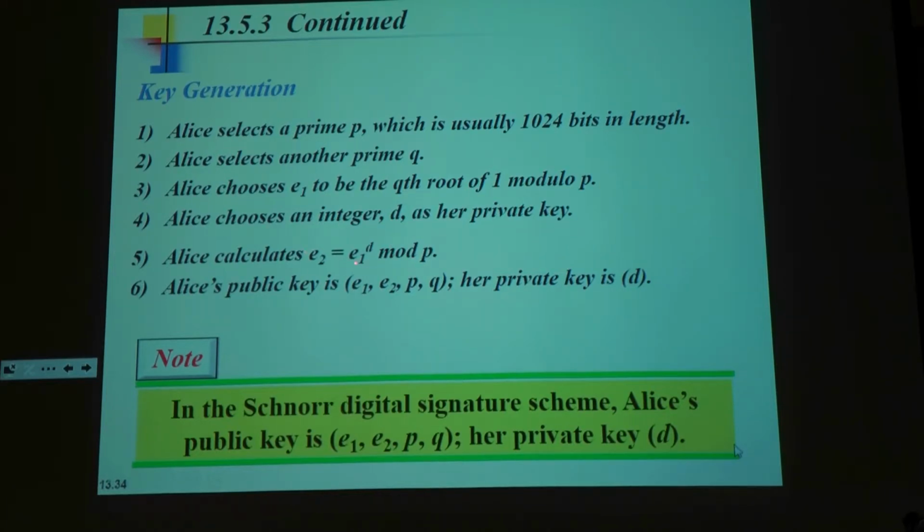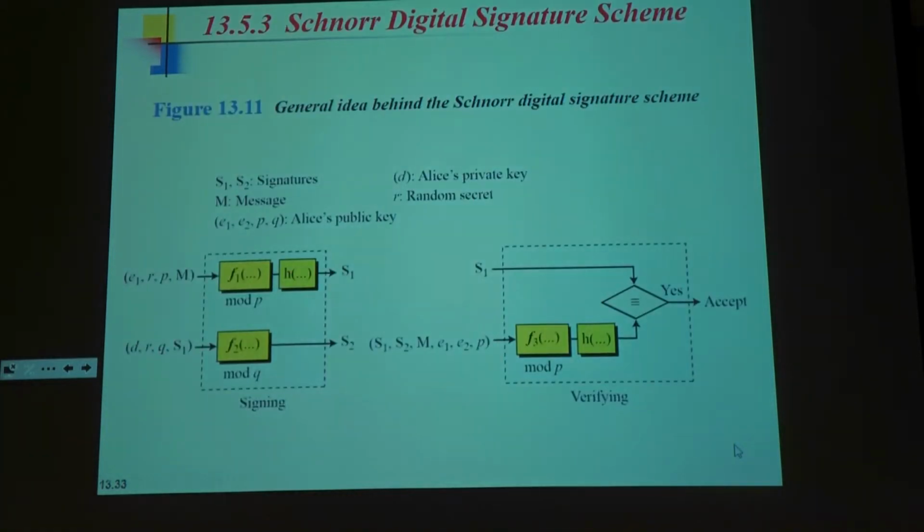Alice calculates E2, which is E1 to the power D, and Alice's public key will be E1, E2, P, Q, and D will be the private key. So in the Schnorr digital signature scheme, Alice's public key is this, and the private key is this, and you apply functions 1 and 2 in the sending, and 3 in the receiving.